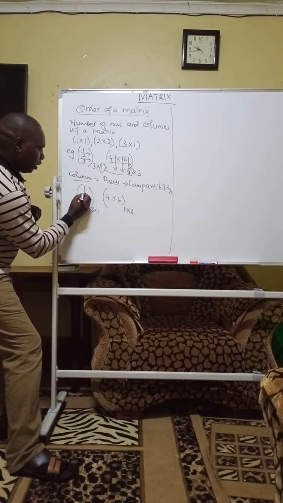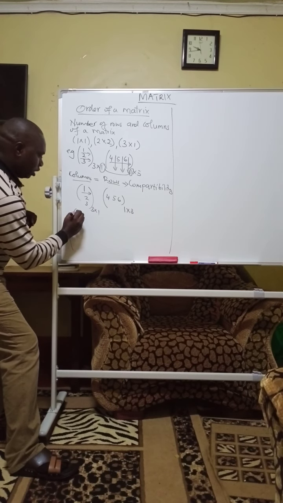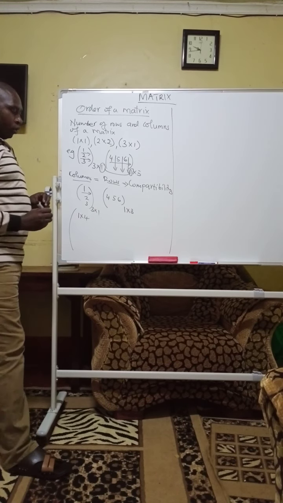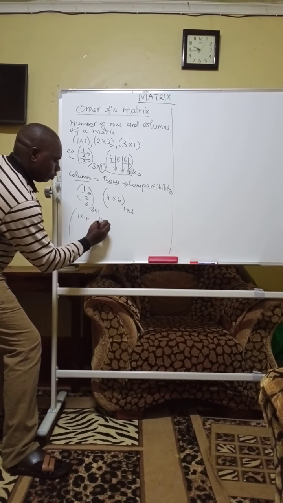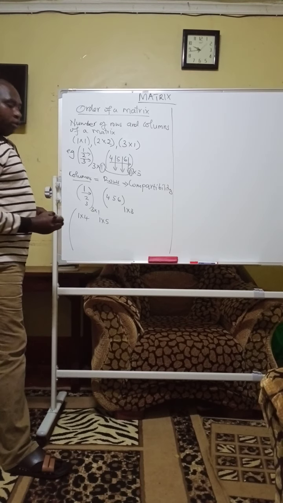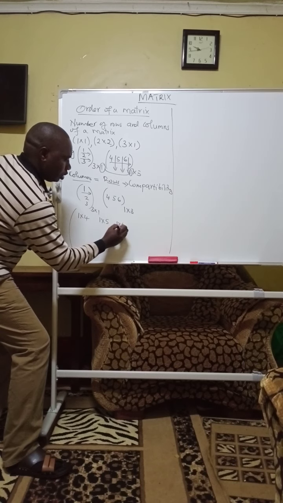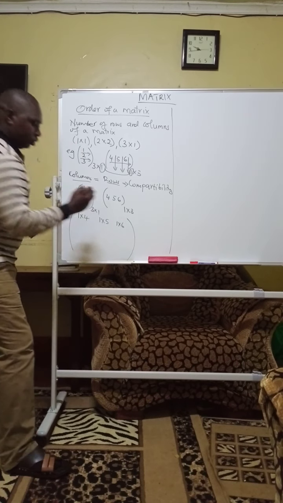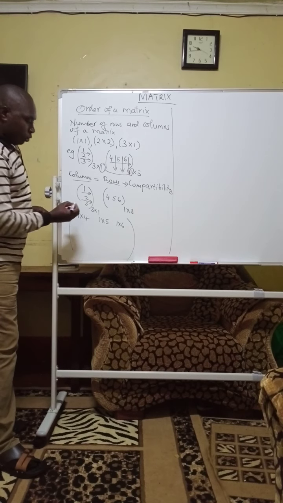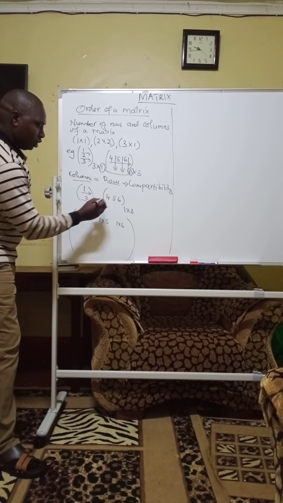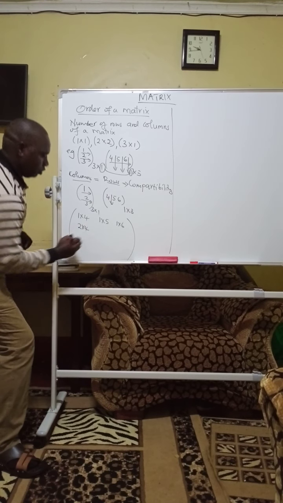You're going to multiply the first row, which is 1, and we multiply it by 4, so that we have 1 multiplied by 4. Then we multiply the first row with the second column, which is 1 multiplied by 5. We do the same, the first row with the third column, which is 1 multiplied by 6. We are through with the first row. We come to the second row and we multiply 2 by the first column, which is actually 4 there. So we have 2 multiplied by 4.